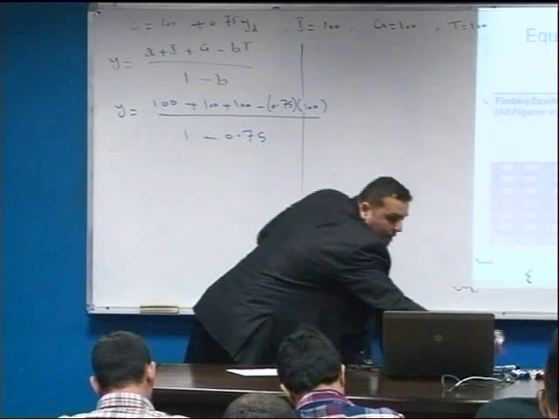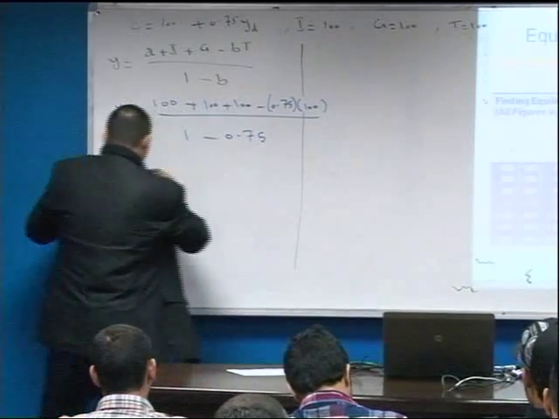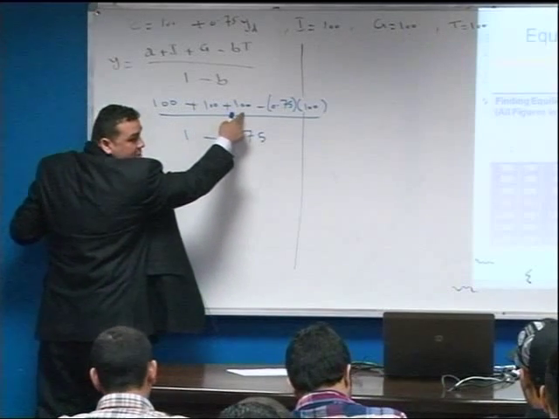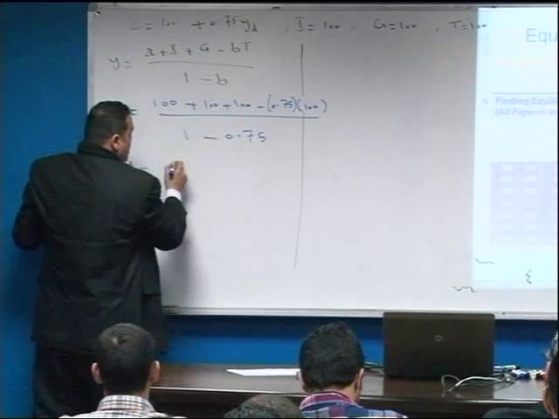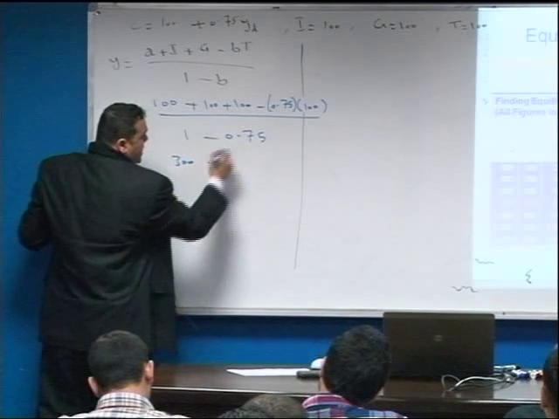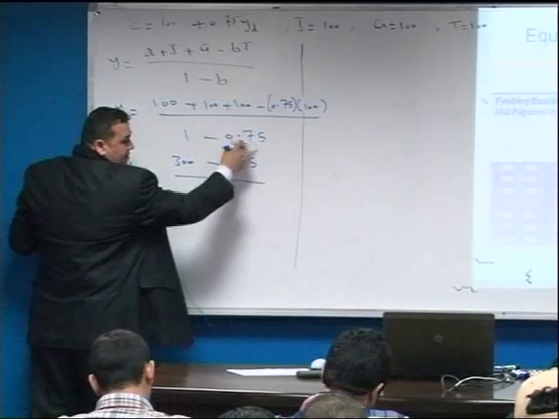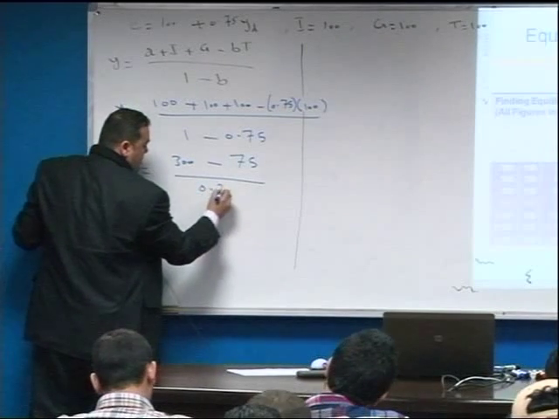So let's calculate Y. Y equals 100 plus 100 plus 100, which equals 300. 300 minus 75, over 1 minus 0.75, which is 0.25.